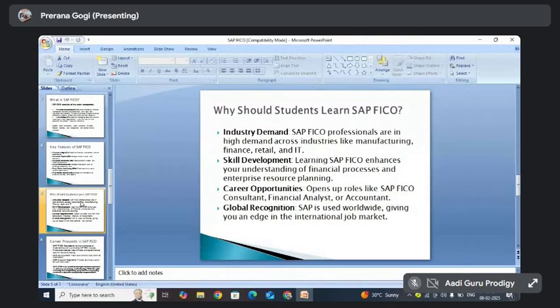So, what should students learn from SAP FICO? What is the industrial demand for them, right? Of course, these companies are very big companies in our country, right? So these professionals who are learning SAP FICO are in higher demand. Leave aside anything like S4 HANA and all those things.